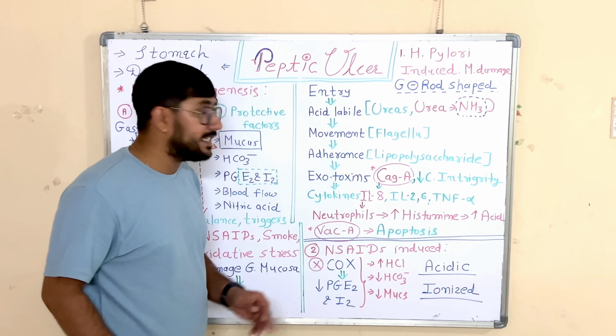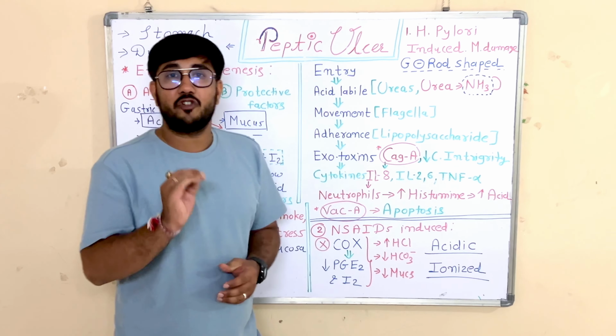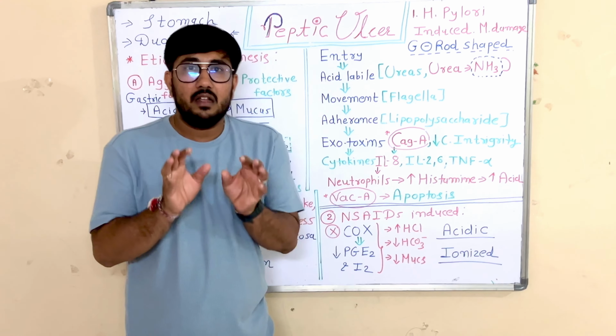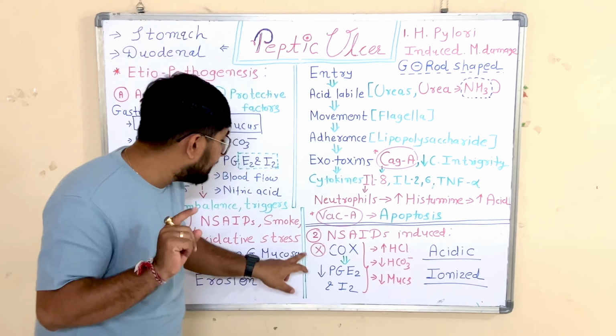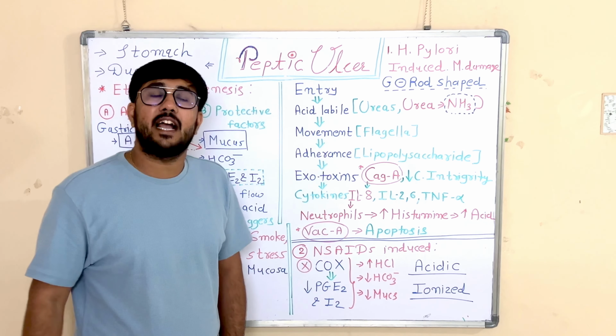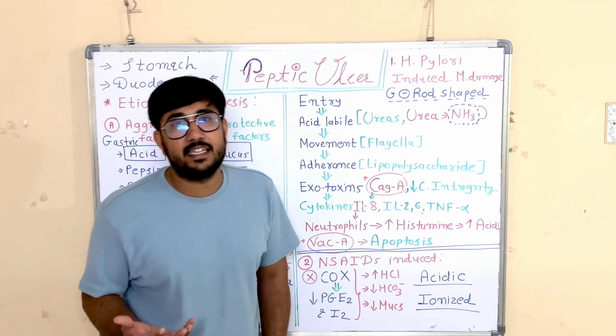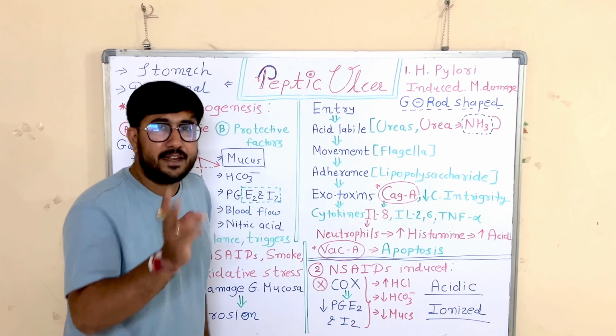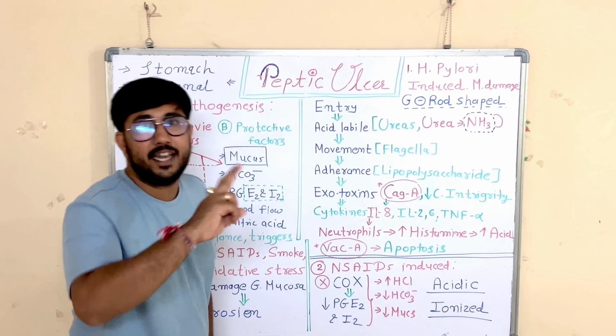Okay, second one is NSAID induced, non-steroidal anti-inflammatory drugs. What these drugs do is target one enzyme, that is COX, cyclooxygenase. And the cyclooxygenase enzyme is responsible for the synthesis of prostaglandins. Okay, now NSAIDs target both subtypes, COX-1 and COX-2.